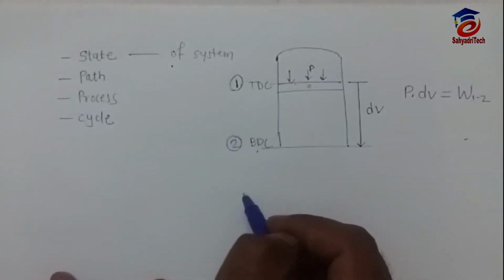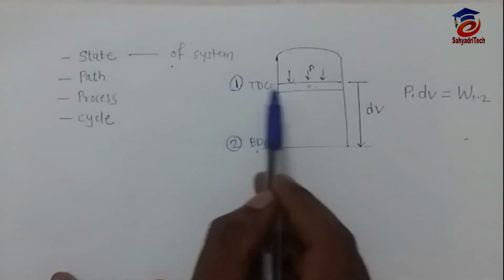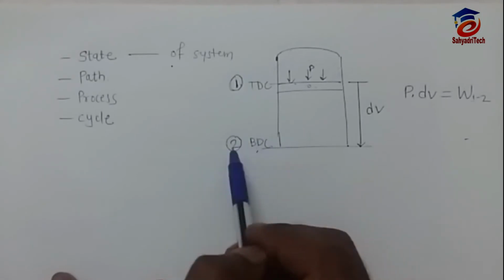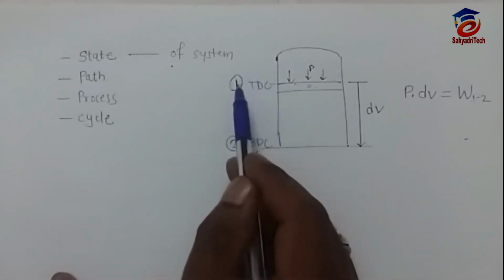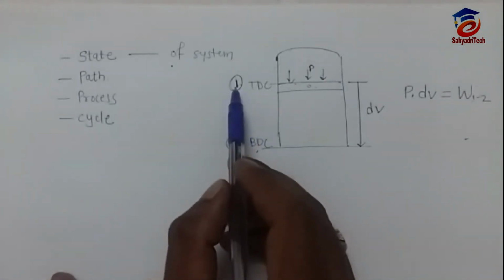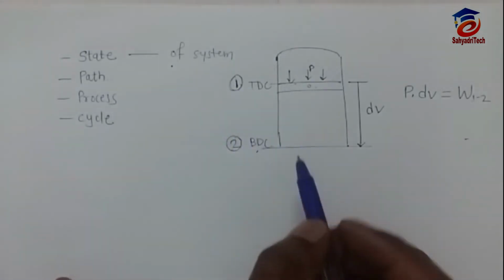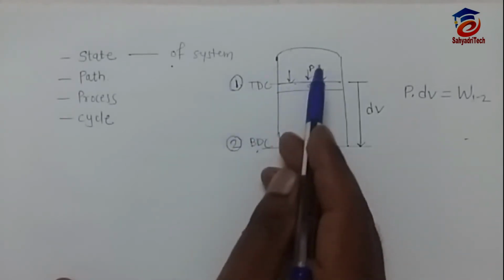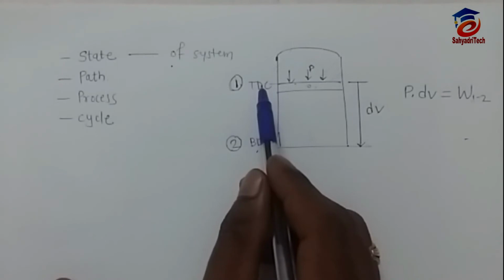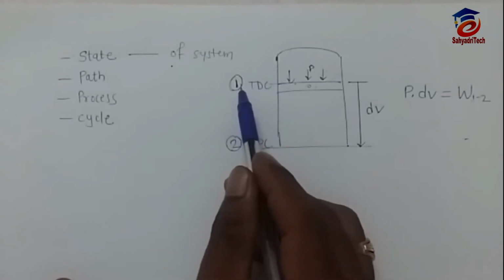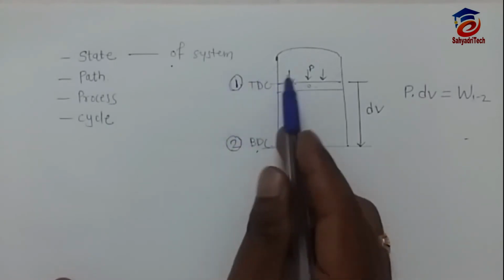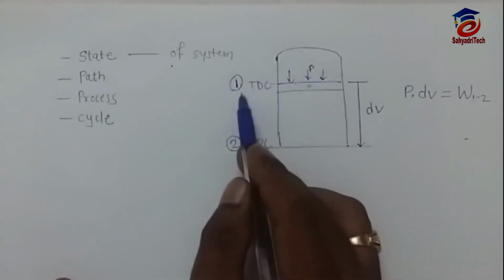So when I say state, that is nothing but the position of the piston, position 1 or position 2, or condition 1 and condition 2. When we say the state of a system is 1, we analyze various properties of the system at state 1. We have to read various properties at state 1.